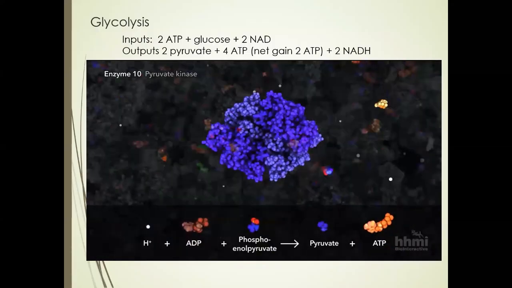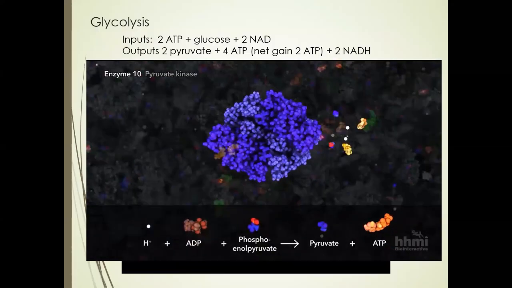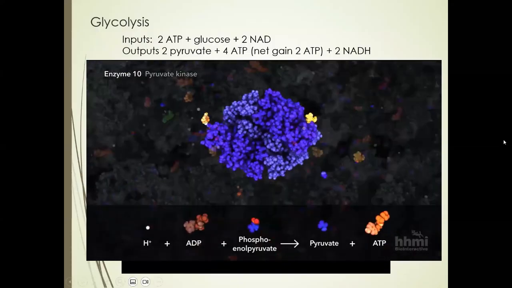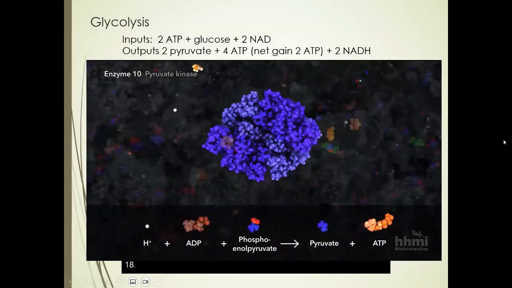The 10th enzyme transfers the remaining phosphate group to ADP, producing ATP and the 3-carbon sugar, pyruvate.